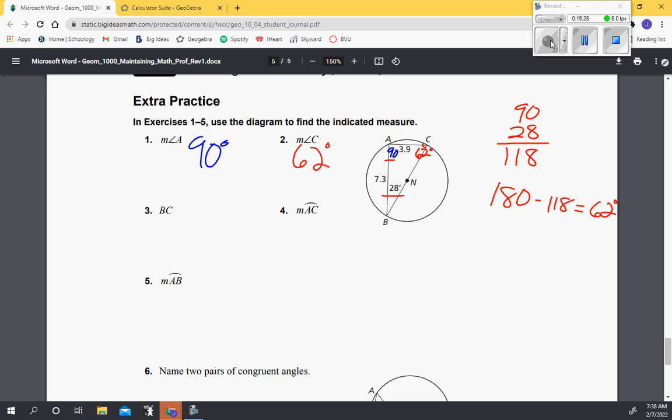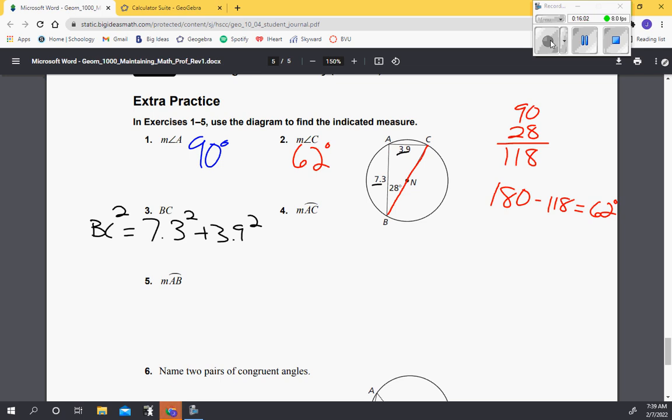Okay. Next, we want to find BC. BC, again, is the diameter. And to find the diameter, well, it's the hypotenuse. To find the hypotenuse, we have to take our two given sides, that's a squared and b squared, and set it equal to c squared. Okay, so we'll say BC, that's our hypotenuse squared, is equal to 7.3 squared plus 3.9 squared. Now I need a calculator.